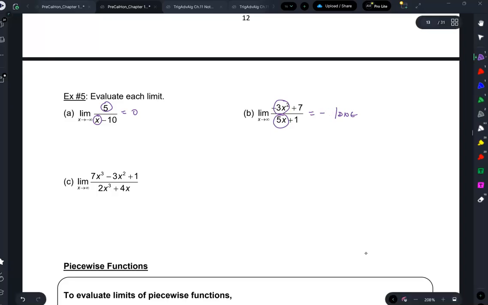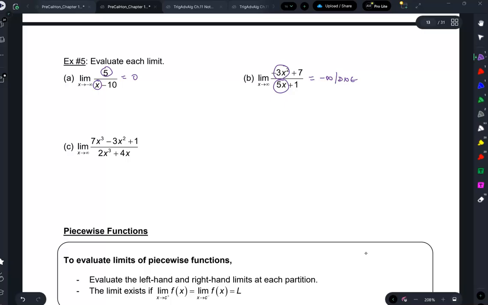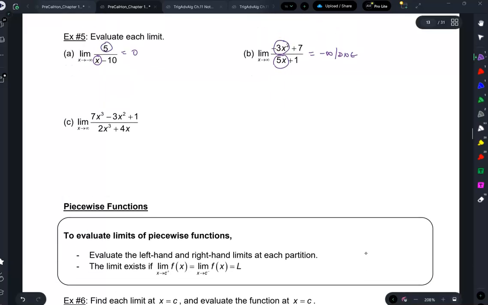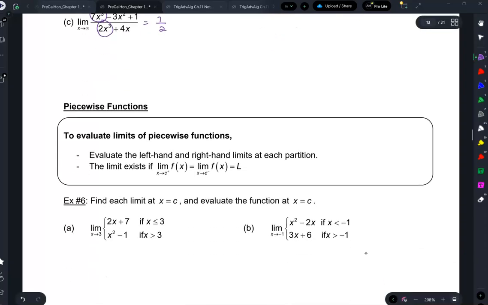Because when the numerator is bigger, then it'll be to infinity. Only when they're equal do you look at the coefficients. Okay, what about this one? 7/2. Okay, so let's do some piecewise functions.